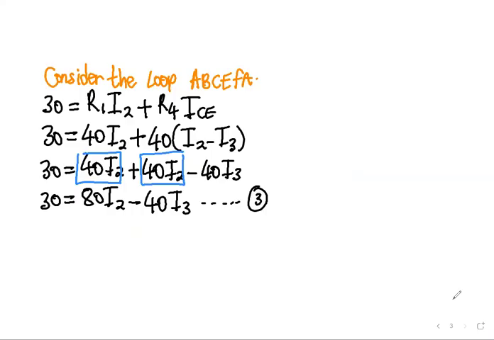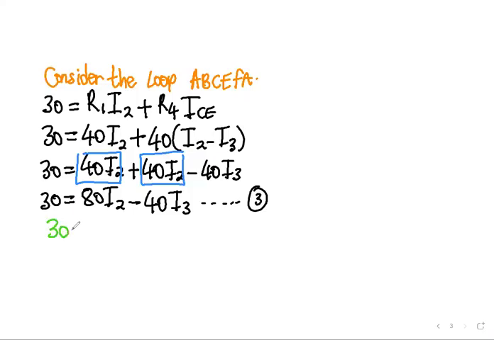Now, one thing that we are going to do after getting those three loops is get our fourth equation. How are we going to get our fourth equation? It means we're going to write equation 1 as it is.